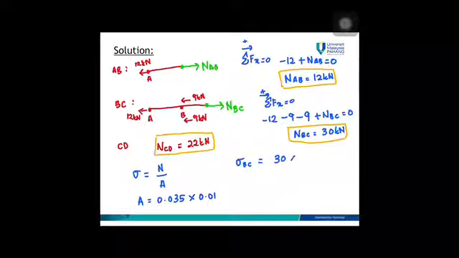30 kilonewton, convert kilonewton, 10 power of 3 divided by area, 0.035 times 0.01.